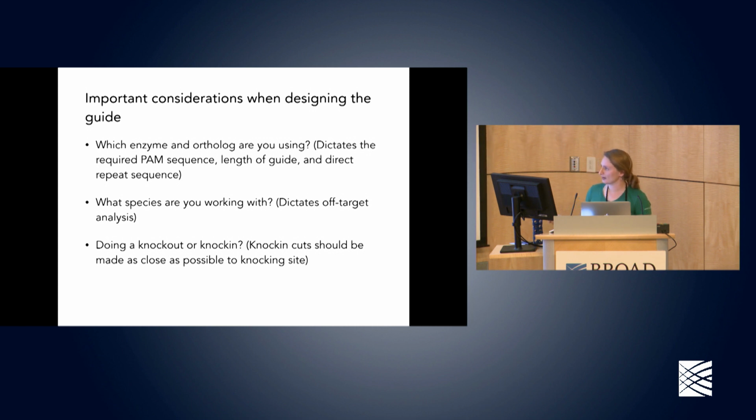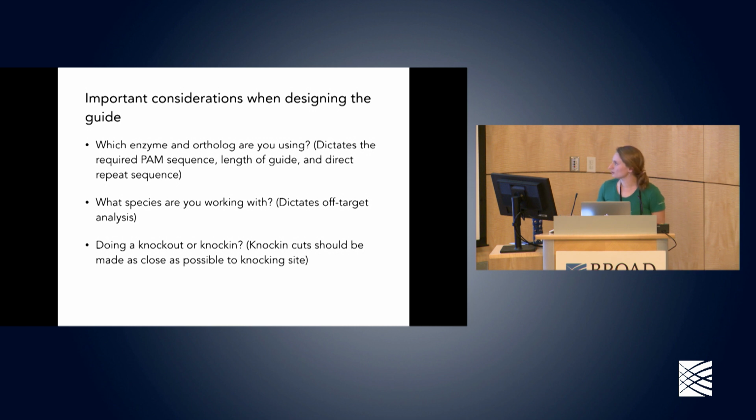Again, you also need to know which species you're working with. And this is key because if you're working in a cell line or in an animal, it can dictate the off-target analysis and where cleavage events may occur outside of your target area.